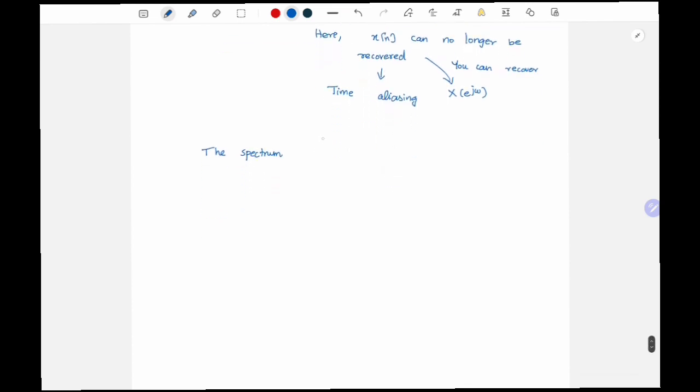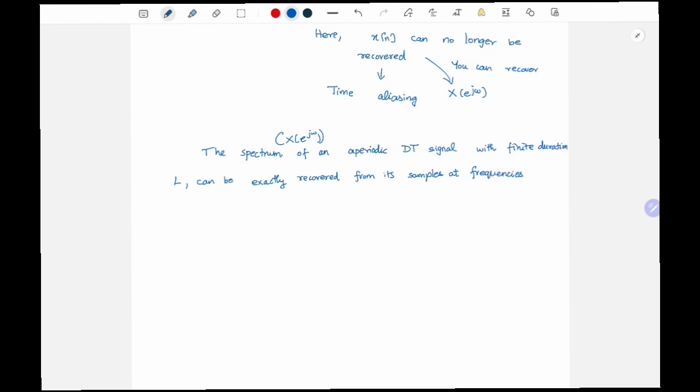So that's why I say the spectrum of an aperiodic discrete time signal, which is nothing but X of e power j omega, with the discrete time signal itself being of finite duration L, can be exactly recovered from its samples at frequencies omega k equal to 2 pi k by N if my N is greater than or equal to L.